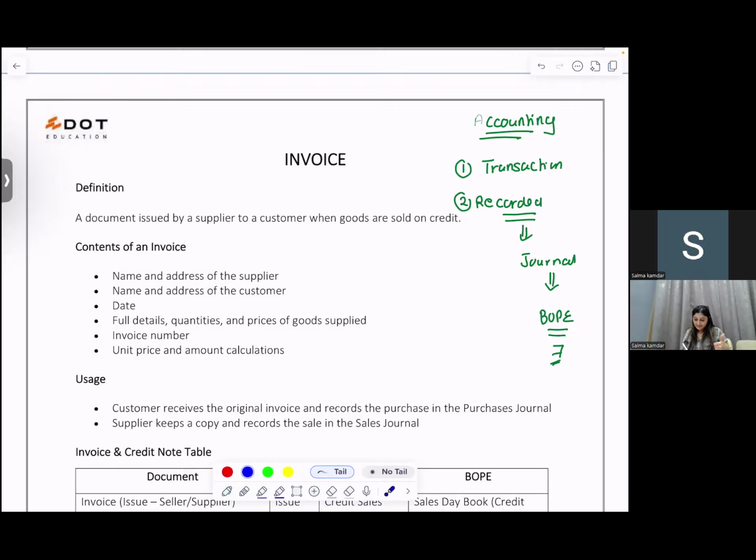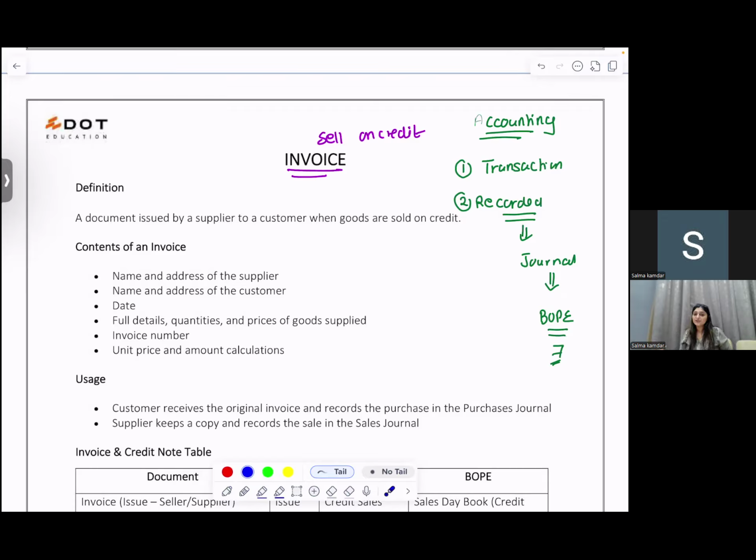Please note that whenever you sell on credit, I will issue the invoice. So, invoice is issued when I am selling on credit, and the place where I will record it for the first time would be my sales day book, and the amount that I would record is the net list price.